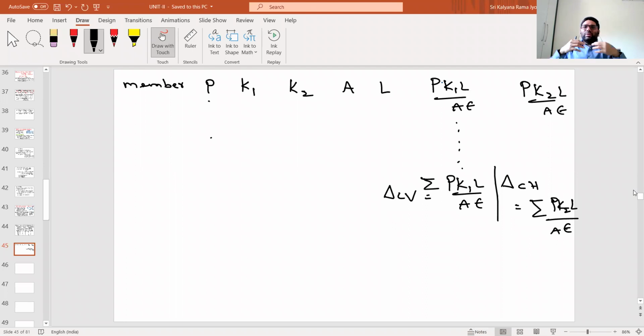Now once we get to know the deflection, practically, why is this deflection value important? If I get to know that this joint is deflecting by 2 mm, 3 mm, 4 mm, what should I do? Do I need to adjust the connection there? Do I need to adjust any sort of technique?